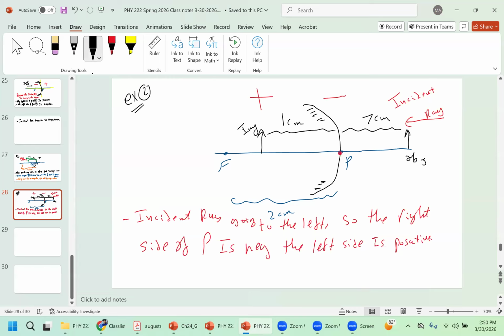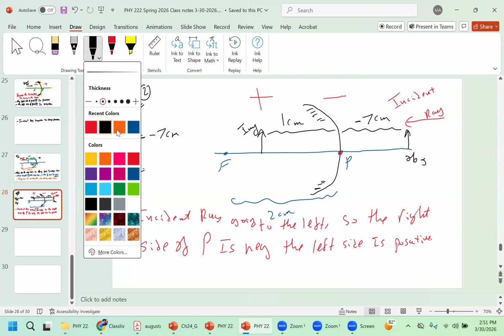So basically, your object distance at this point, what would it be? It is going in there, so this would be negative 7 centimeters. The focal length F is inside, yeah, here it is, 2 centimeters.